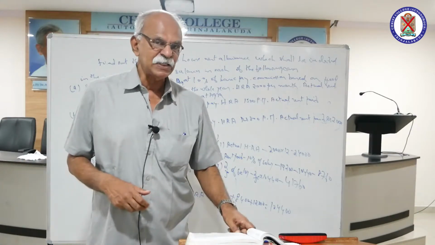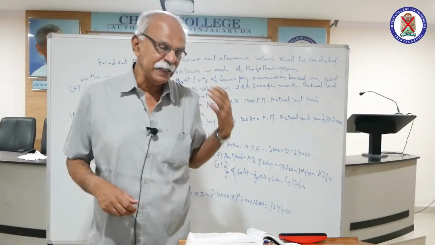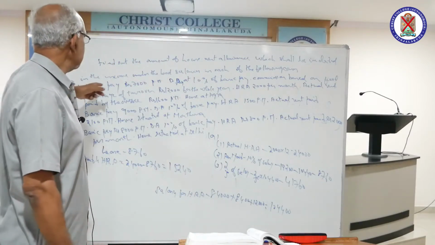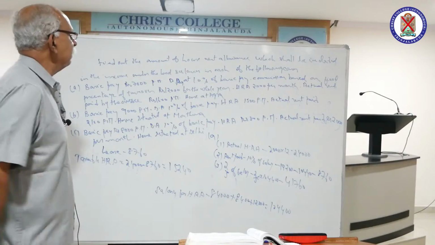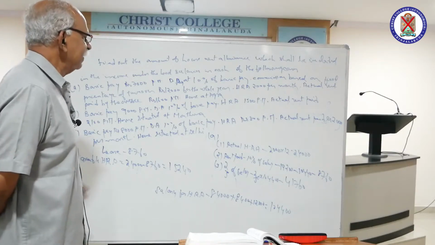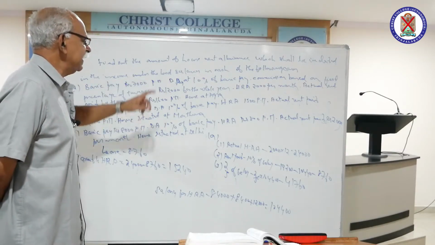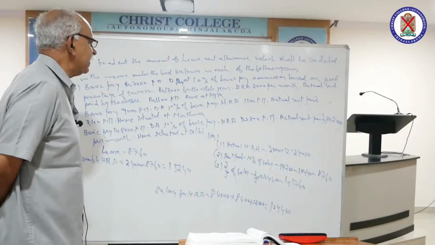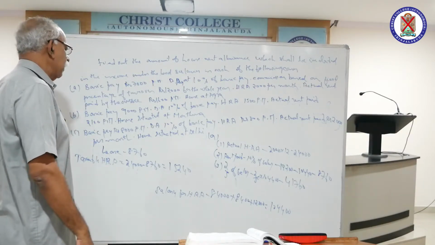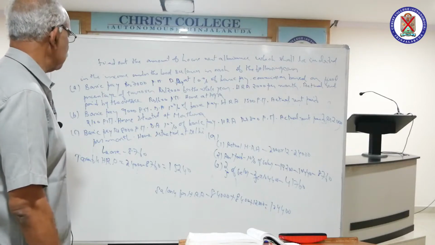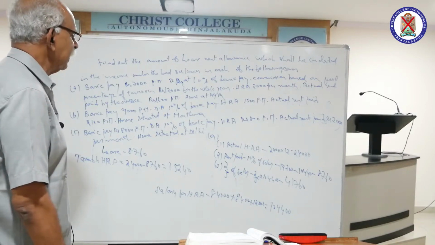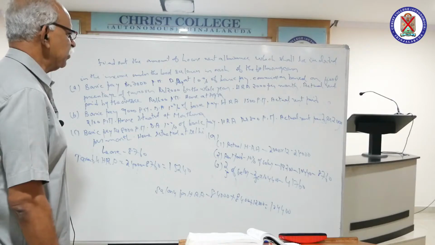How to compute the taxable HRA? First case we shall take. Here basic salary is rupees 7,000 per month. Dearness pay, you should see that it is not dearness allowance, it is dearness pay at 10% of basic pay. Commission based on fixed percentage of turnover is rupees 12,000 for the whole year. HRA rupees 2,000 per month.